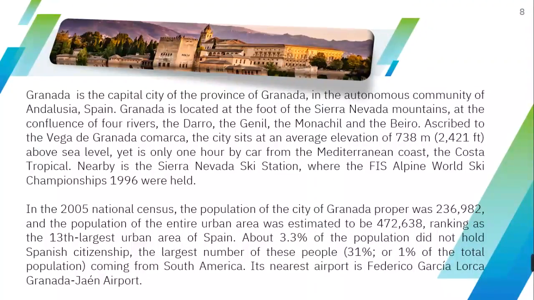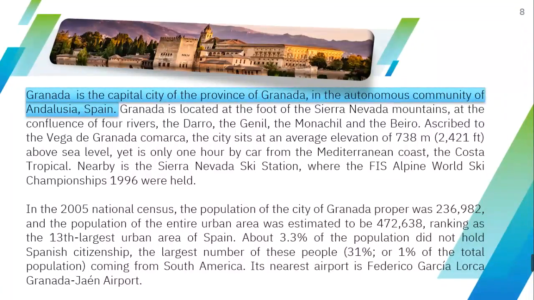Now let's identify the elements of this text. We see that the first sentence of the paragraph is the identification of the description. It gives a general identification to the topic, as what follows after this will contain the details of this general identification.